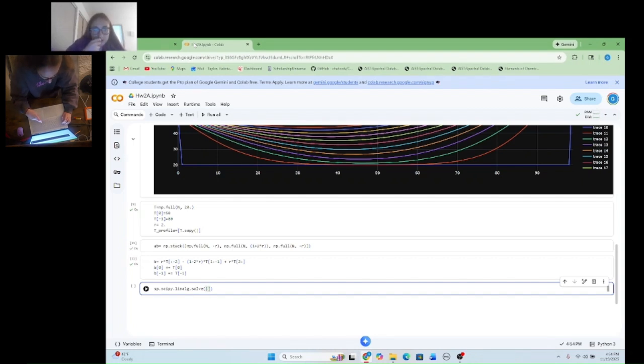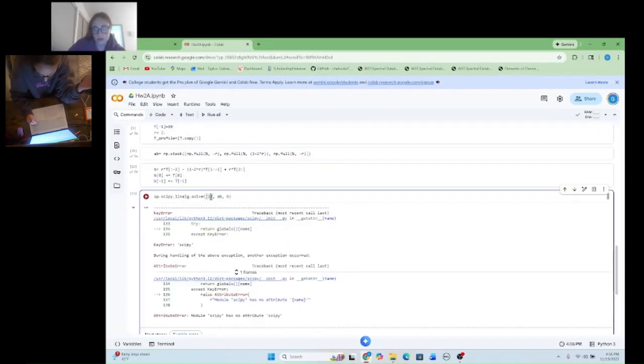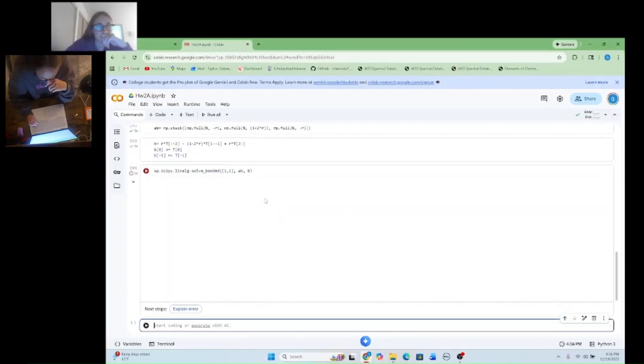We need to solve this by something. I know it's A, B, and B. This is a 1, 2, 1. And this is underscore banded.